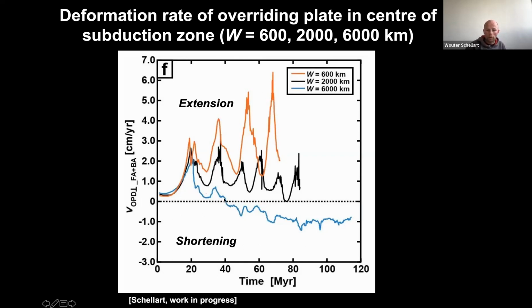And then at some point around 40 million years into the model run, when the slab has sunk quite deeply into the lower mantle, and we generate this large toroidal return flow, we see that the overriding plate is dominated by horizontal shortening and compression.